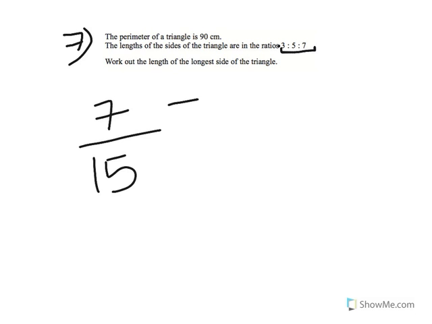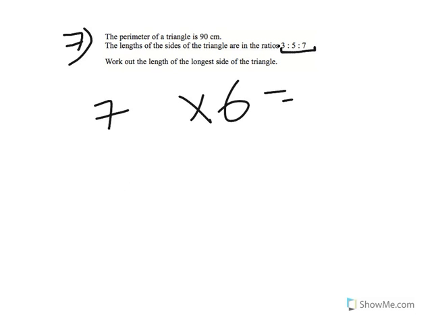So 7 over 15, and you have to multiply that by the scale factor. Sorry, not 7 over 15. It's just 7 multiplied by 6, because 7 is the largest amount and 6 is the scale factor by which each ratio is enlarged. So all you have to do is 7 multiplied by 6, and you're going to get an answer of 42.